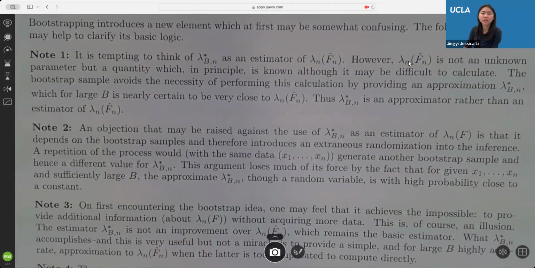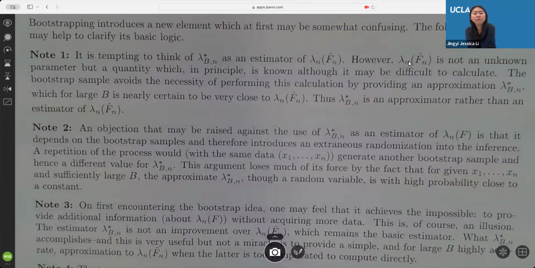Note 1. It's tempting to think of lambda bn star, the bootstrap version, as an estimator of lambda of Fn hat, the plug-in estimator. However, lambda of Fn hat is not an unknown parameter, but a quantity which in principle is known, though it may be difficult to calculate. It's only a computation bottleneck, but it's not unknown.